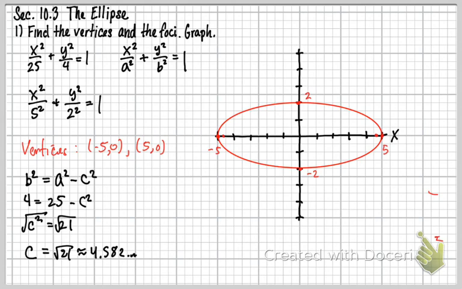So in the process of this, it wanted me to find the foci too. So that's going to be, and I would simply write negative square root of 21, comma 0. And then I would write for the other one, square root of 21, comma 0.